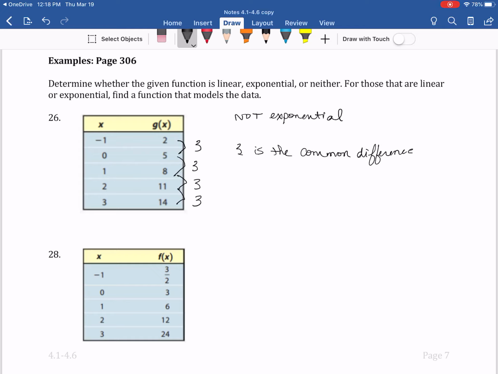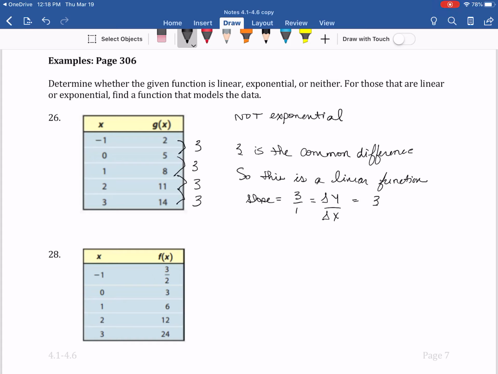In this case, this table of input and output values represents a linear function. And furthermore, the slope is 3 over 1. Remember, this is the change in the output values over the change in the input values. And that is equal to this common difference, which we identified to be 3.